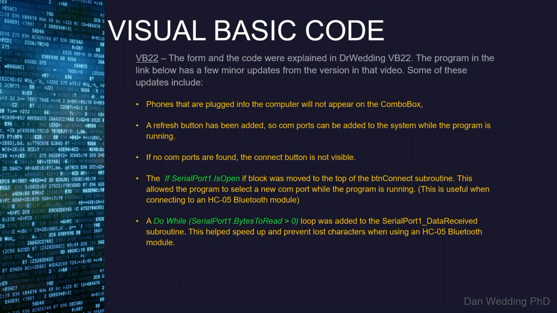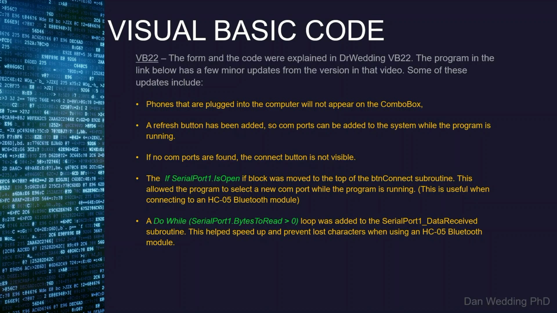Some of these updates include: phones that are plugged into the computer will not appear on the combo box. A refresh button has been added, so COM ports can be added to the system while the program is running. If no COM port is found, the connect button is not visible. The if serial port 1 is open if block was moved to the top of the button connect subroutine.